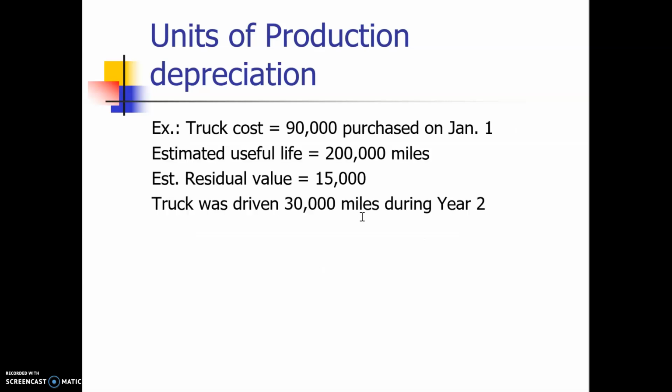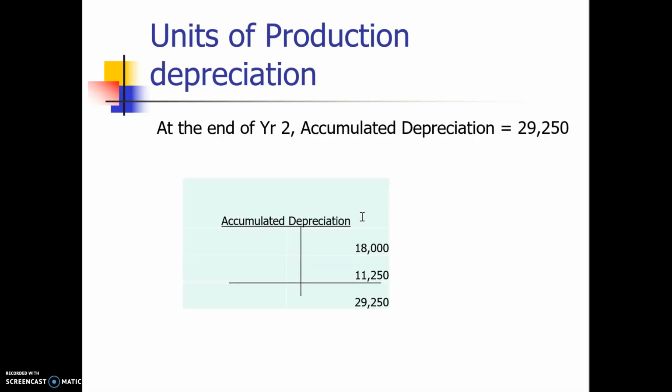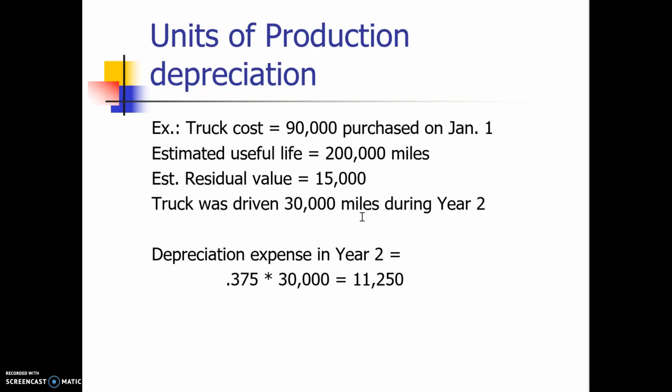Here we can see in year 2, we drove 30,000 miles. So our depreciation expense in year 2, we take 0.375 times the 30,000. 11,250 is the depreciation expense in year 2. So we make the journal entry, debit depreciation expense, 11,250, and that's what gets reported on the income statement.